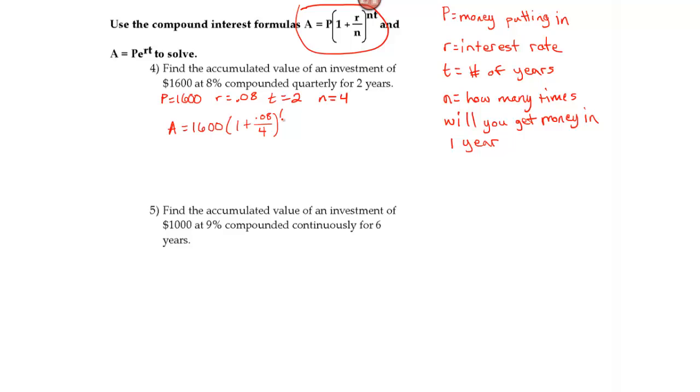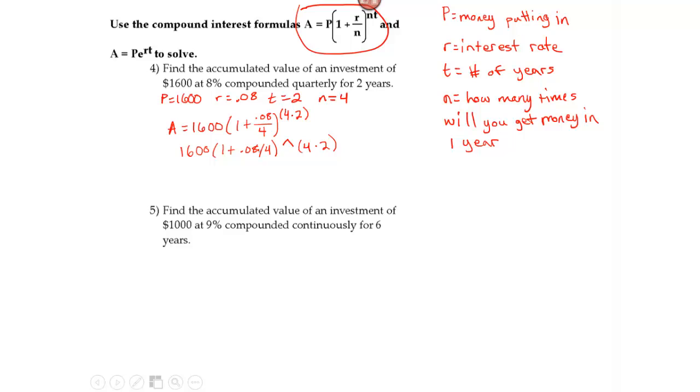And the key thing is on this, when you plug it into the calculator, you're going to have to put 4 times 2 in parentheses. This is how I type it out: 1600 open parentheses 1 plus 0.08 divided by 4 close parentheses, exponent button, parentheses 4 times 2 close parentheses.